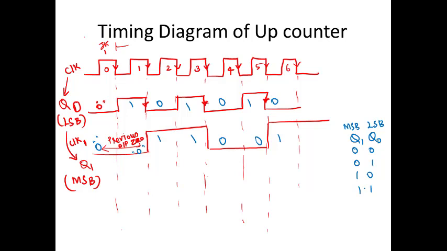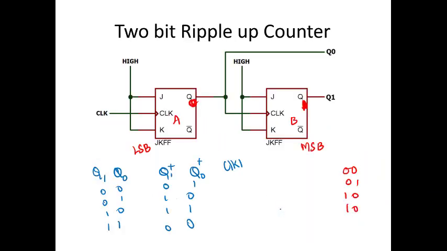So when you write your previous state and the next state, so of my present state and next state truth table, I can even write here. So this is how I can write. So Q1, Q0 is your present state. This is my next state. And for your clock, 1 will be your input.